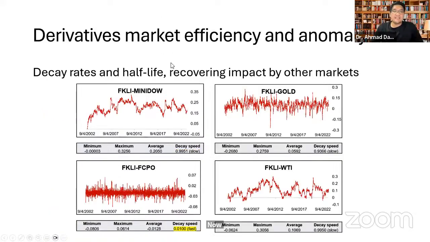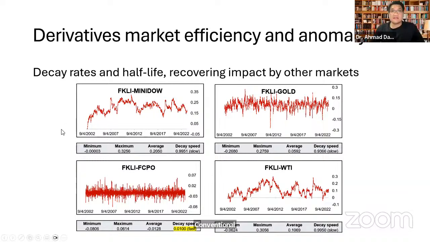Here you can see at a glance the correlation between KLCI and mini Dow. This is the correlation between KLCI and gold futures, KLCI and FCPO, KLCI and crude oil, West Texas Intermediate. The idea here is, unlike your conventional belief, correlation is not static.